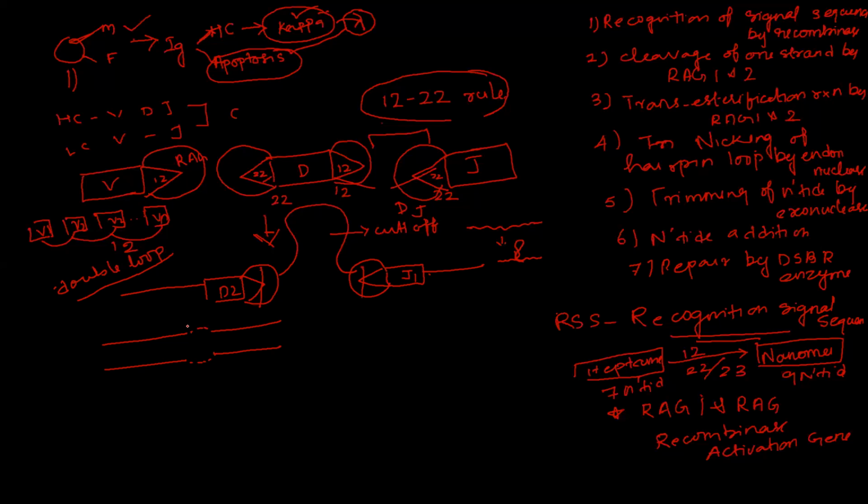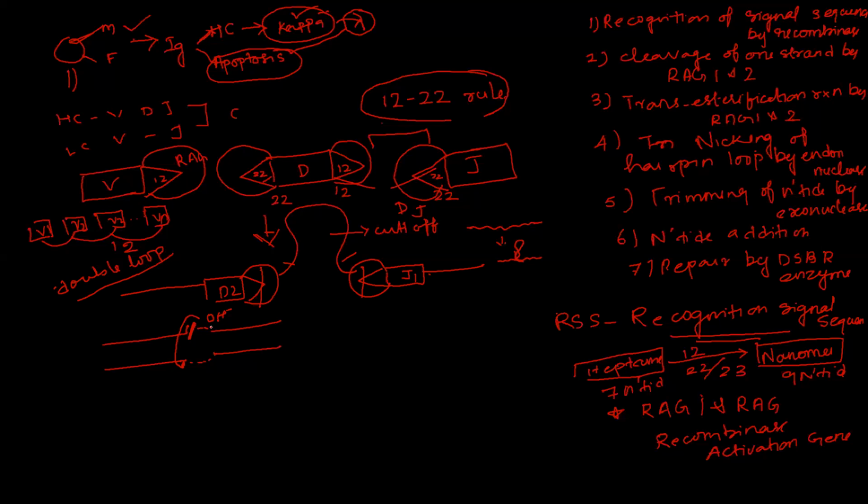Now, what will happen? The RAG gene will make a nick. Once it makes a nick in this particular first DNA strand, it will release OH ions. Now these OH ions will make a nick in the second strand. Get it? After this loop has been cut off, a part of the RAG gene will be present.